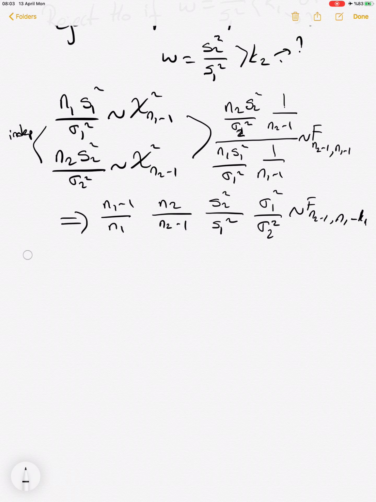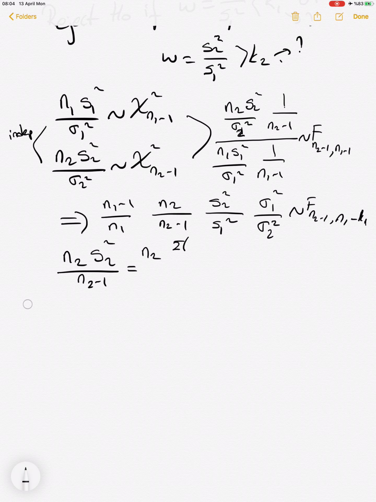Then when we consider our null hypothesis, if we focus on the part where we have n2 S2 square divided by n2 minus 1, what is our S2 square?